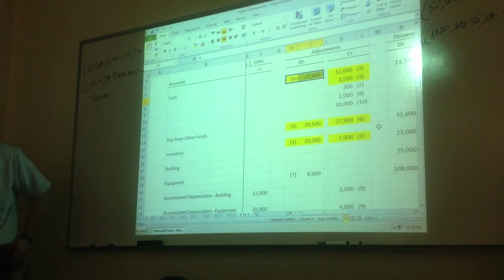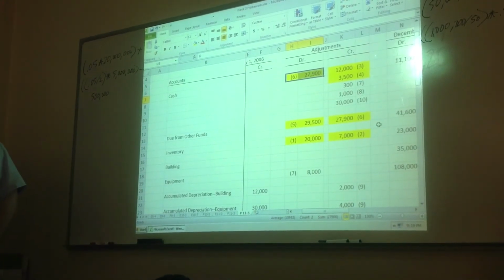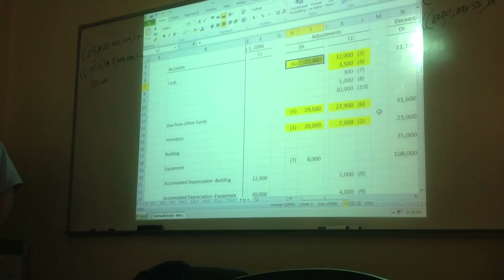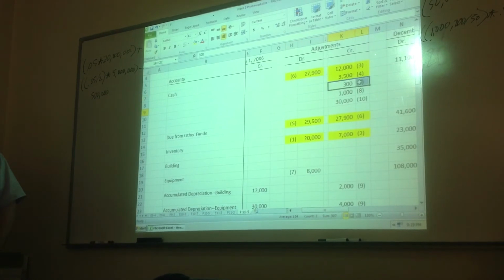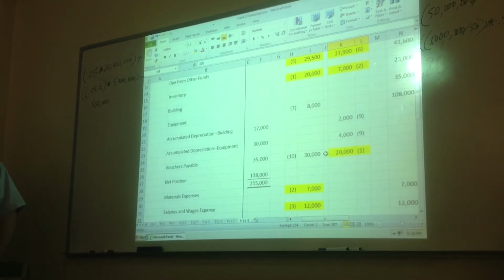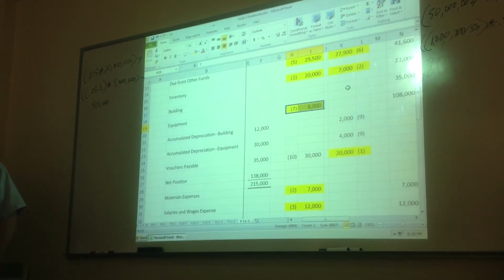Number 7, equipment acquired under a capital lease. Capitalizable cost $8,000 and initial payment $300. So you paid $300. So credit to cash $300. Debit to equipment for $8,000, and the remainder goes where?